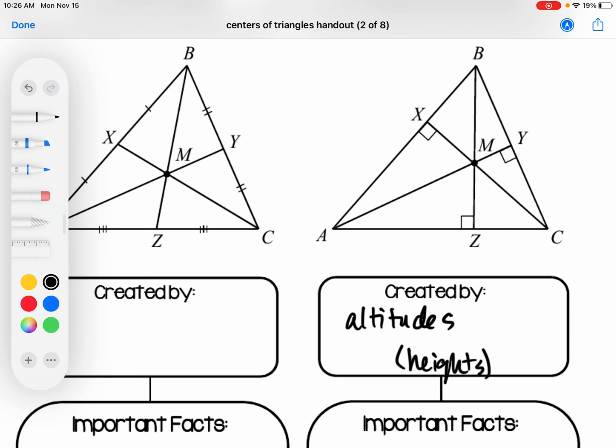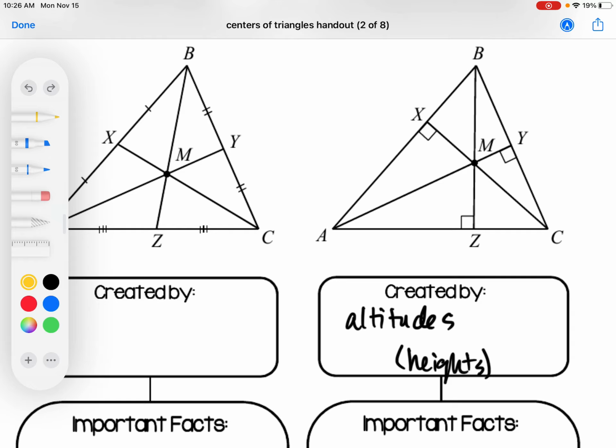Remember back to middle school math, when you learned about the height of a triangle. It wasn't just the same as taking a side length. You had to take the distance from the corner and drop it straight down and make a right angle. You couldn't just take this side length because that was longer. Your height was the distance it made when you dropped it straight down at a right angle, like in the picture.